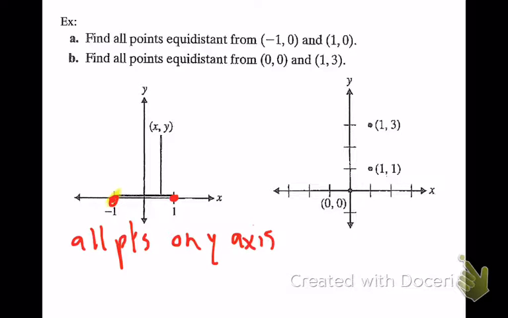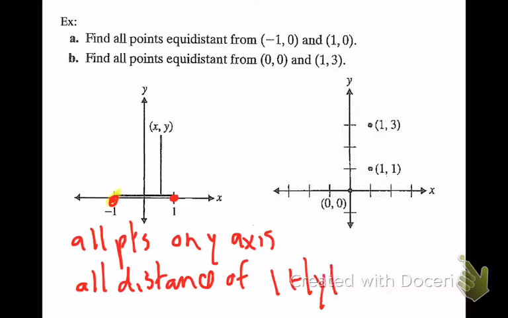So it's all the points on the y-axis. We could express those distances as all a distance of 1 plus the absolute value of y.